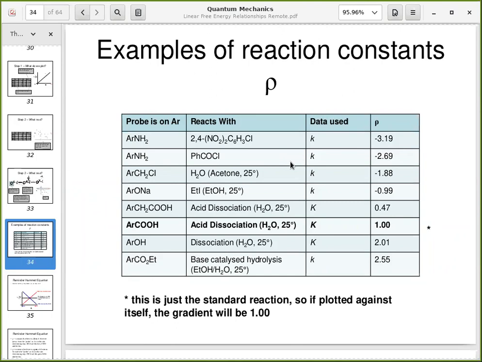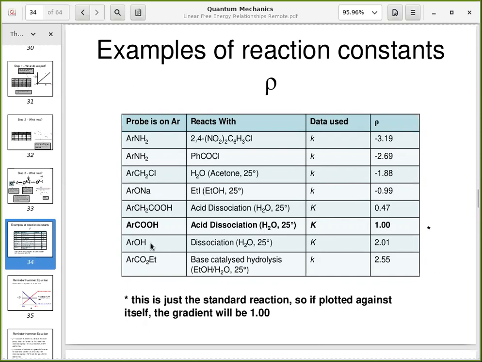If your reaction constant is positive, then you're receiving electrons, as we did in base catalyzed hydrolysis. In base catalyzed hydrolysis, we received electrons from the OH minus in the rate determining step. You might notice that there are slight differences in reaction constants to those we've encountered before, but just bear in mind that your reaction constants will change slightly depending on solvent and conditions that you have.